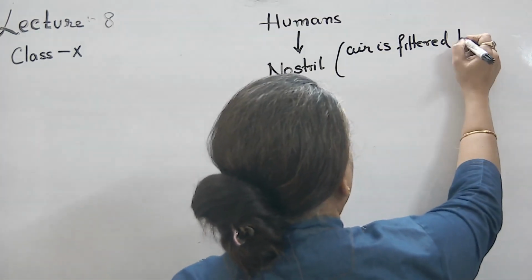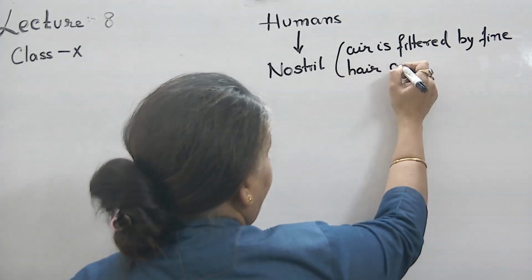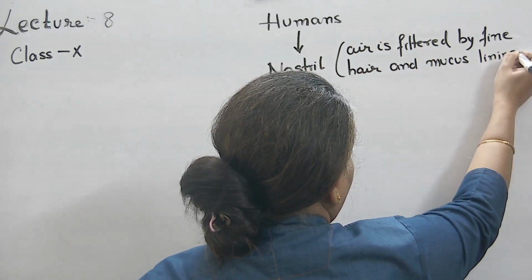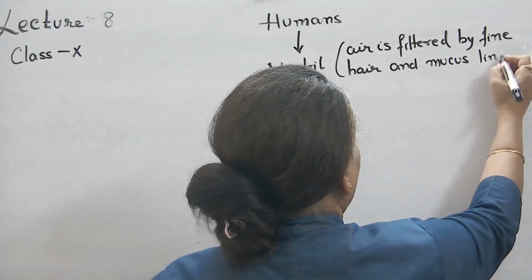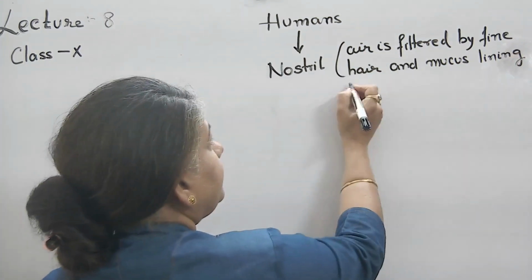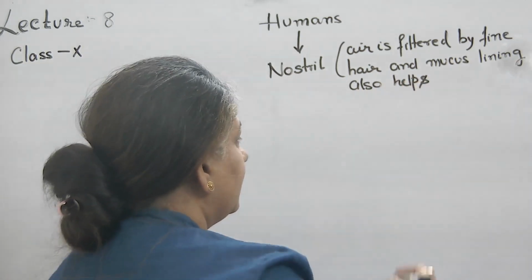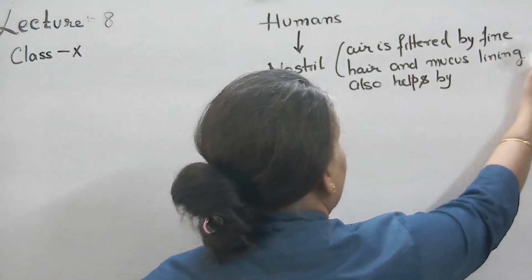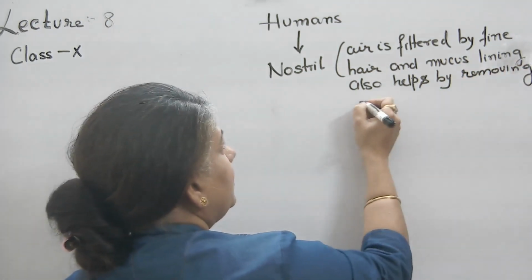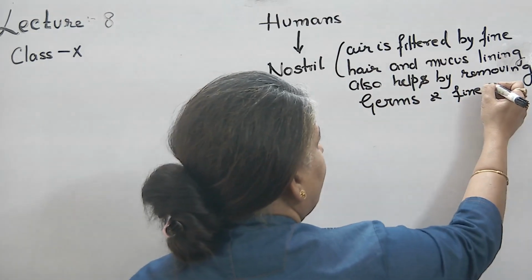Air is filtered by fine hair and mucus lining, which also helps by removing germs and fine particles.